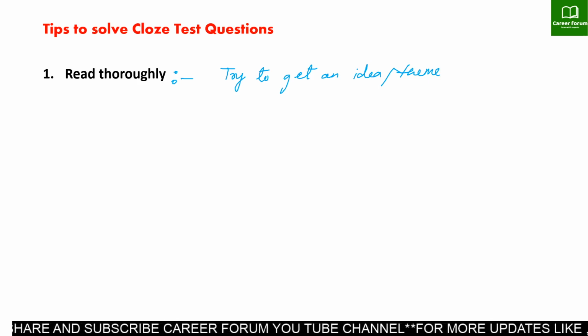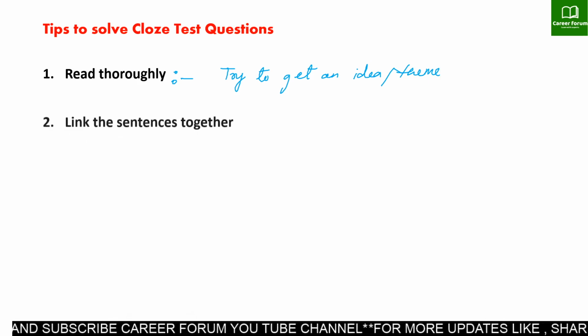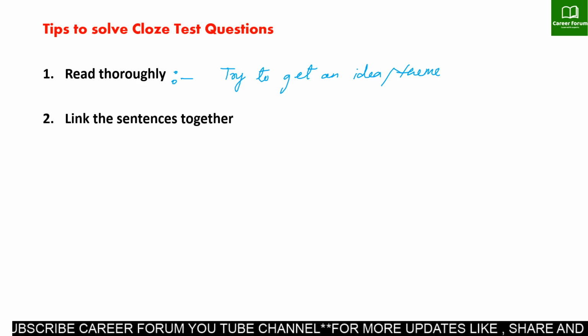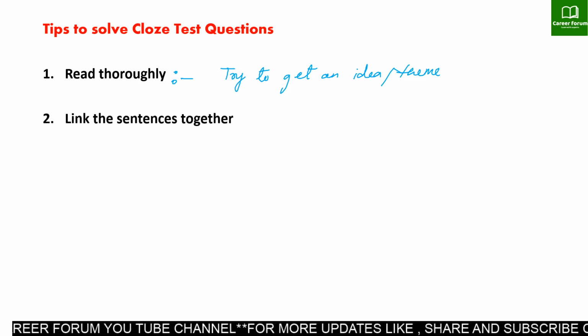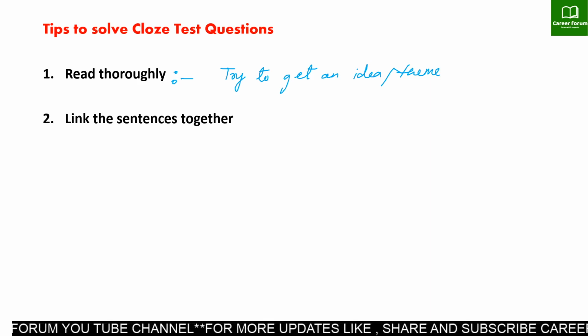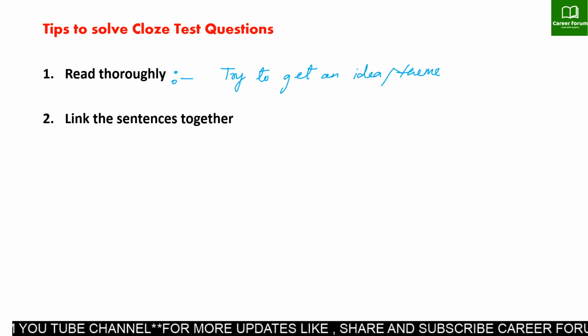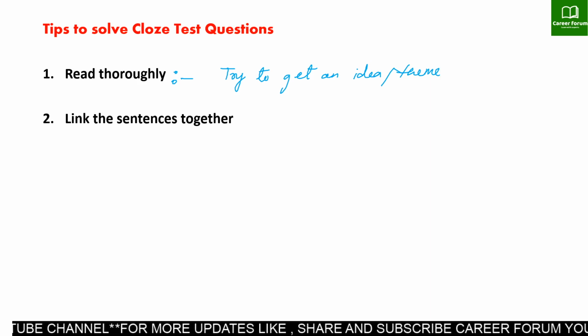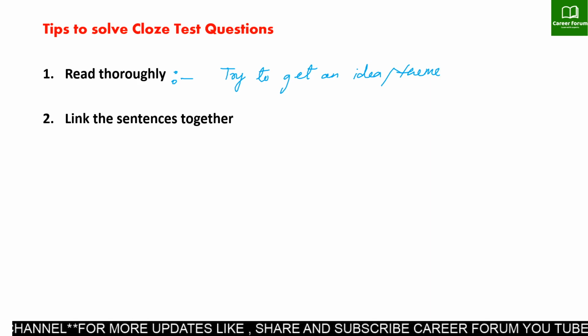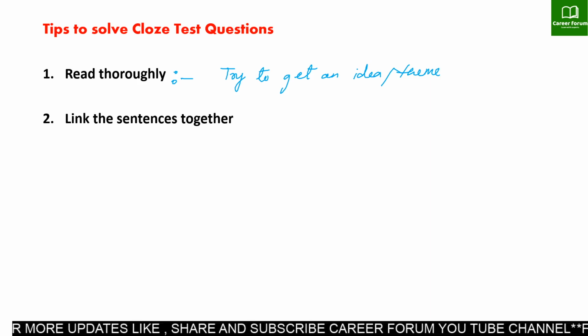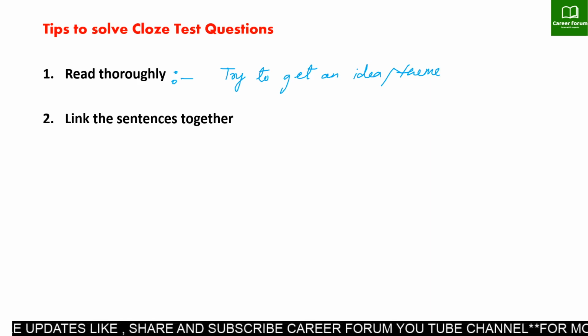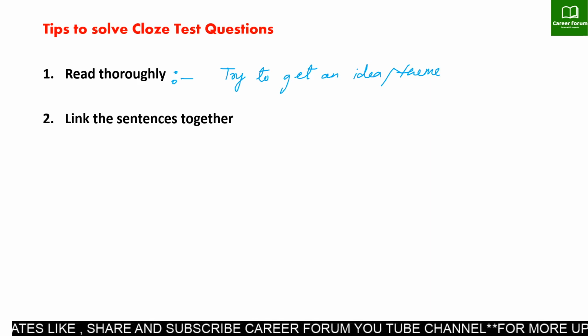Okay, so let's move to the next point. The next point is link the sentences together. Remember students, it is a passage given to you, so the sentences are linked to one another. Because the given passage is a complete paragraph, there will be sentences which are completely in link with each other.